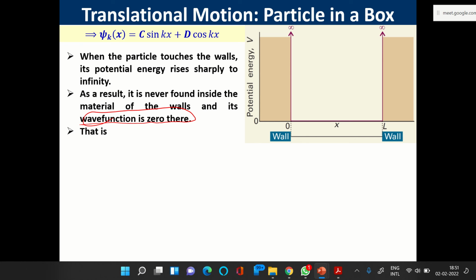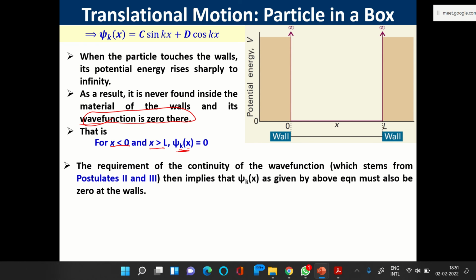It has to be there. For x less than 0 or x greater than L, the amplitude psi k, the value of the wave function, will be 0. We can apply the postulates that we have learned earlier.